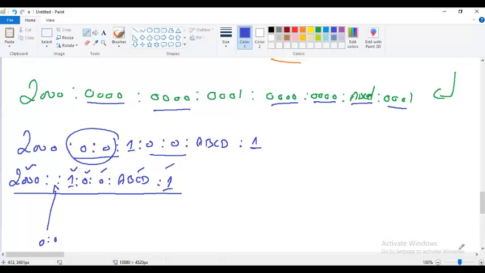I should do only once. Either this you can shrink, or this can be shrunk. Any one. Cannot be both. Okay. So when you write this one, your computer understands it like this.